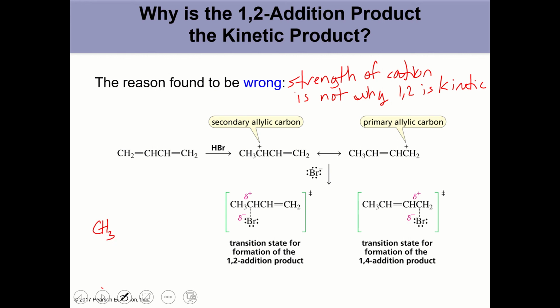So the resonance hybrid for the cation has the pi electron split from carbons 2 through 3, and the positive charge evenly distributed across those carbons.